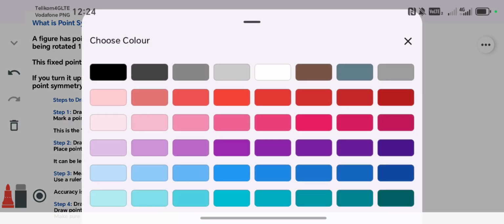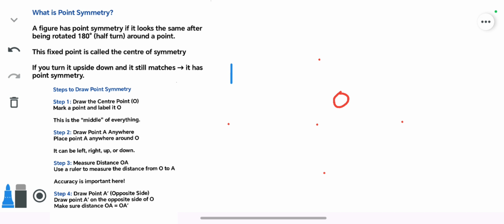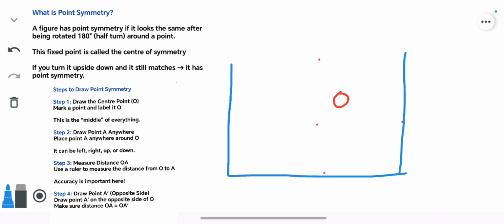Let's use a different color here. We have 1, 2, 3, and boom, boom, boom. There we go. Our shape is complete.